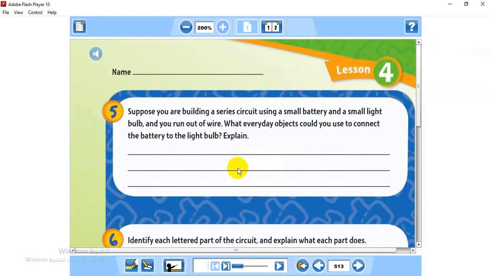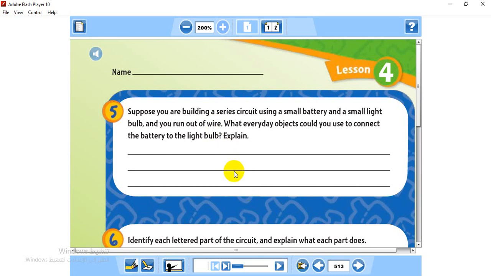Here they're asking you to assemble series circuits from tools that you always find in your home. Which tool will you use to make a series circuit? Suppose you are building a series circuit using a small battery and a small light bulb, and you run out of wire. Where will you bring the wire from? What everyday object could you use to connect the battery to the light bulb? Explain.